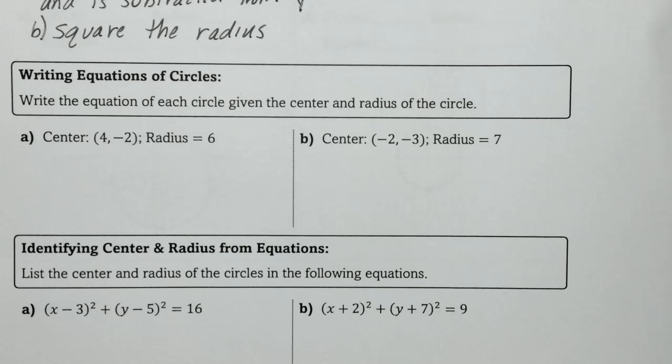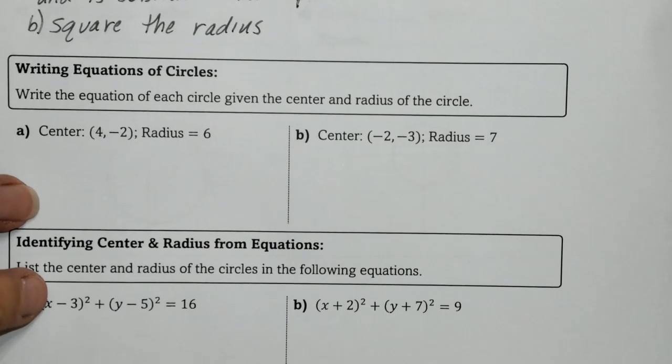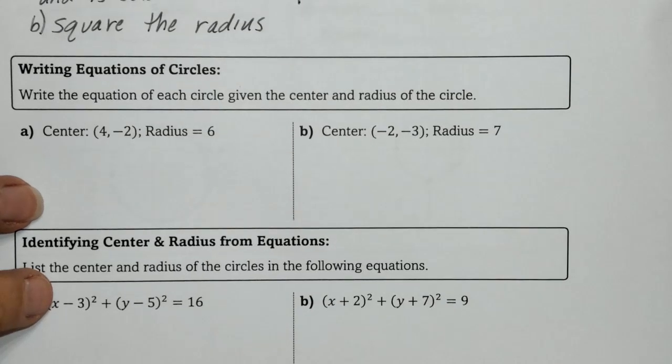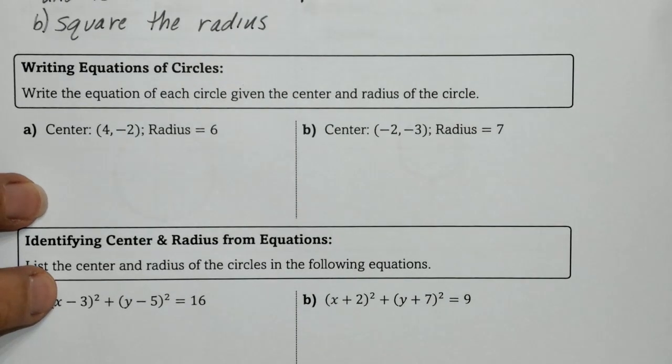So here we're going to write these equations. First of all, because I like to use my different colors, I would suggest grabbing a couple of colors for this, one for h and k, one for radius like I did up here.